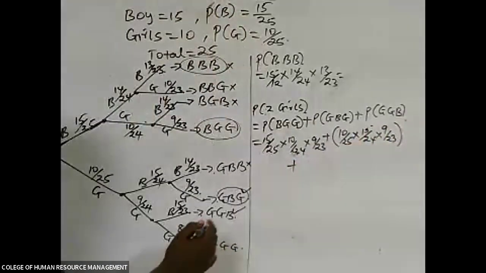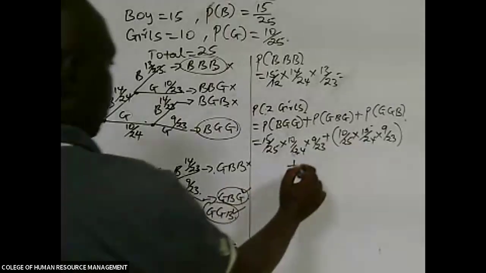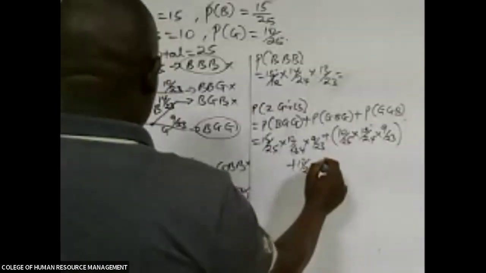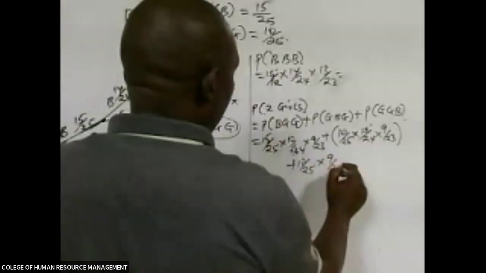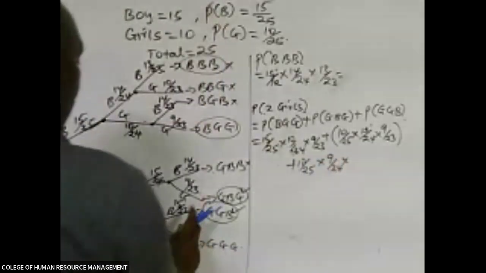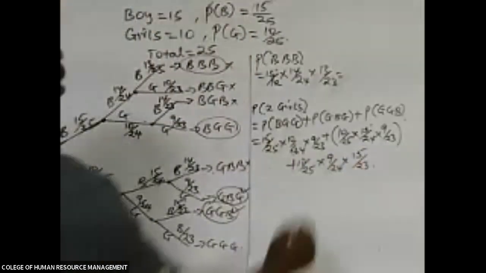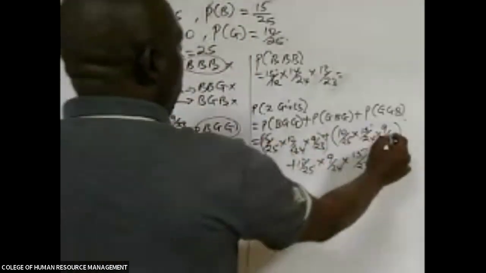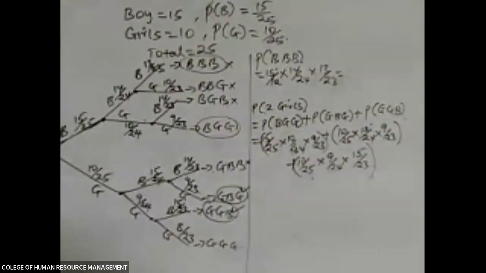Then you add this one, is also a favorable event. 10 over 25 times 9 over 24 times 15 over 23. You multiply them, then you add them. Probability of two girls.